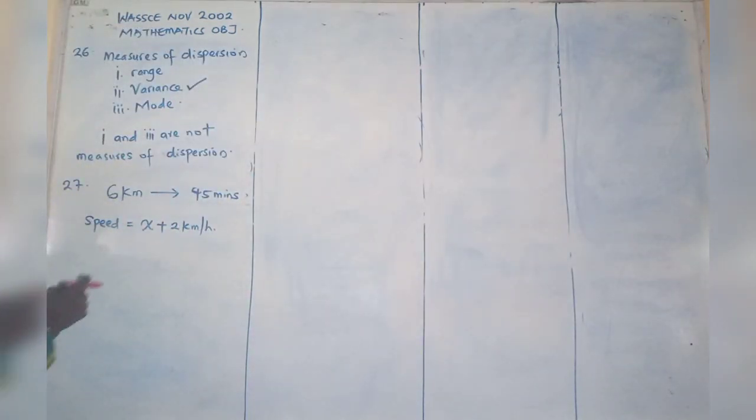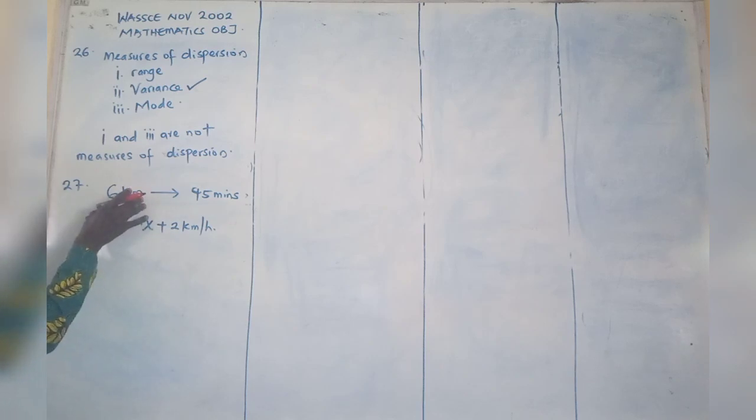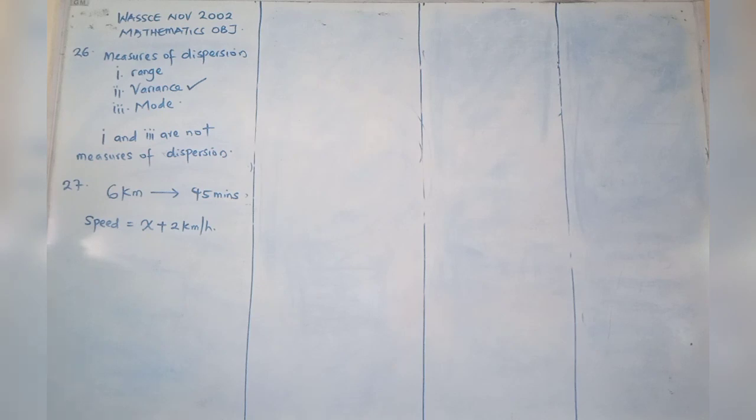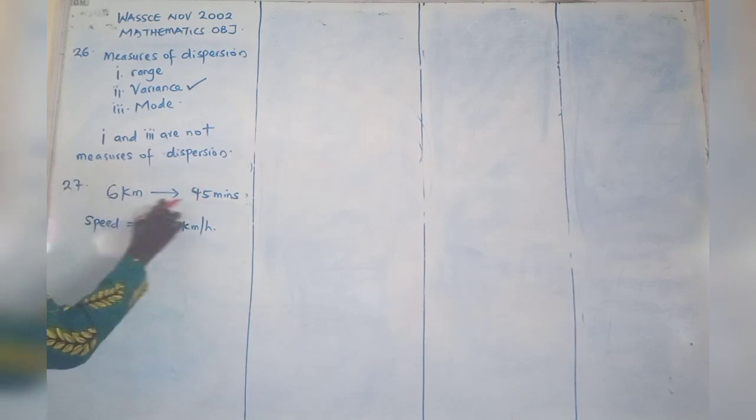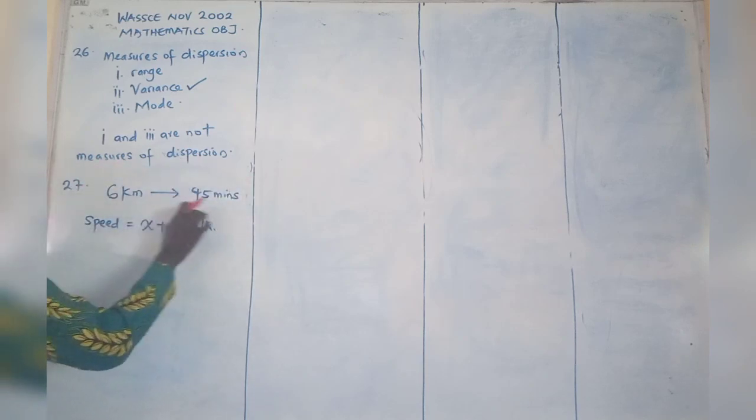So, how do I go about this? Now, look, the distance covered is 6 kilometers. I need to calculate the speed here.